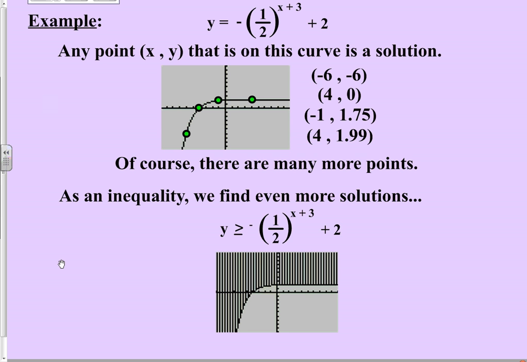So when they say something like y is greater than or equal to this equation, then we have separated all of two-dimensional space into an area on one side of that curve and an area on the other side of that curve. And now it's not just the curve that becomes solutions, but also any x comma y that exists in the space that the inequality is referring to. Those become solutions to the equation as well.